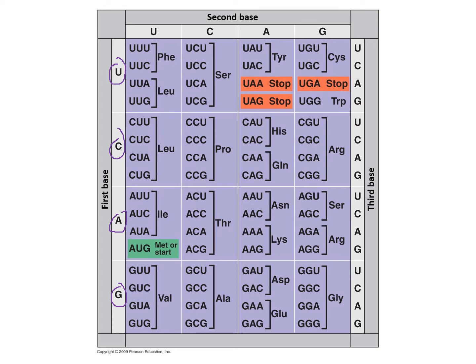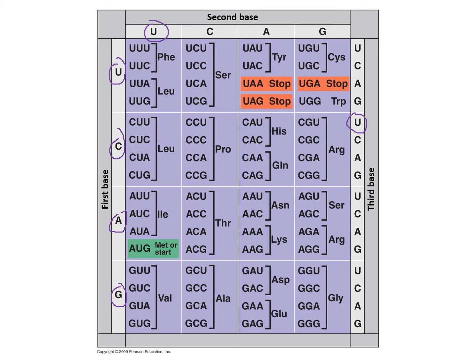C is this whole line, and then U would be the next one. This is going to be your second base, and this is going to be your third base. So if you had CUU, you would be in this block and this block here. CUU is for leucine. So you can follow this and you can find any amino acid.